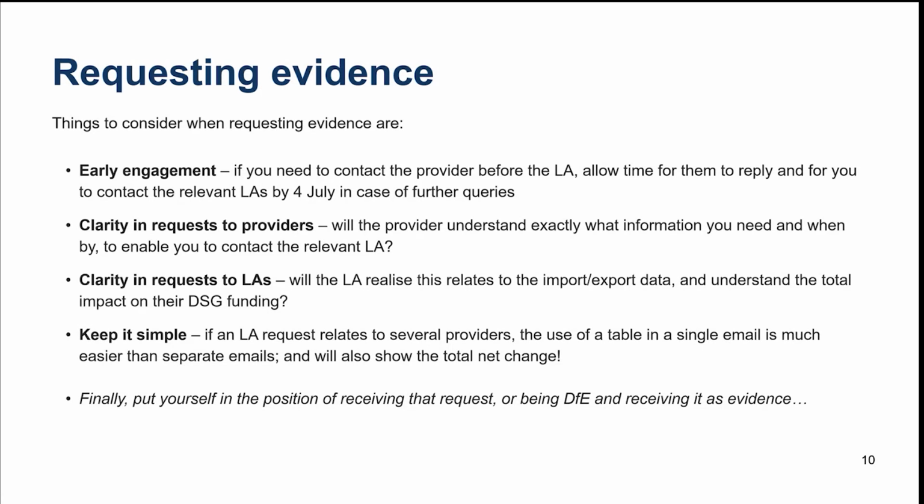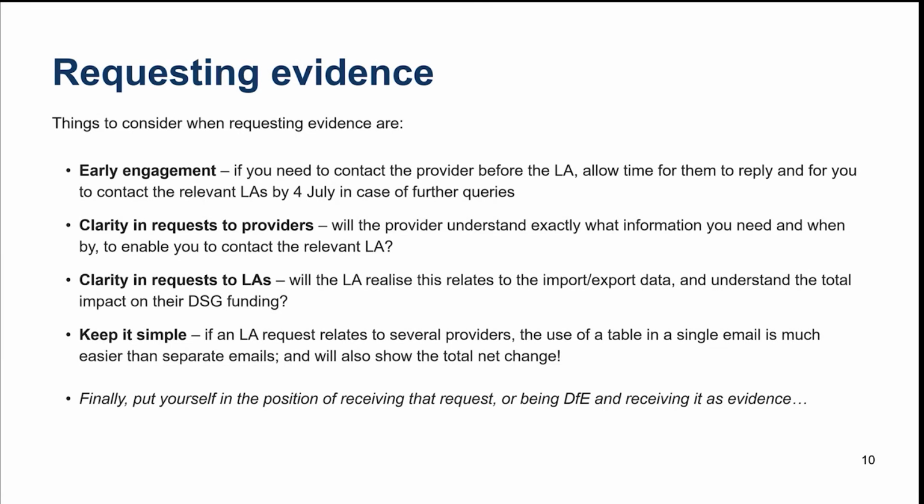So for example, to providers, you'll need confirmation of the error and the corrected data at the time of the ILR or census. To local authorities, you'll need their agreement to the data error and to the funding change. Also keep it simple. This avoids the risk of errors and any confusion. For local authorities, you'll need their agreement to the total net change.